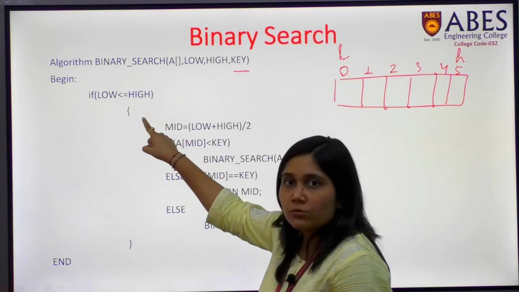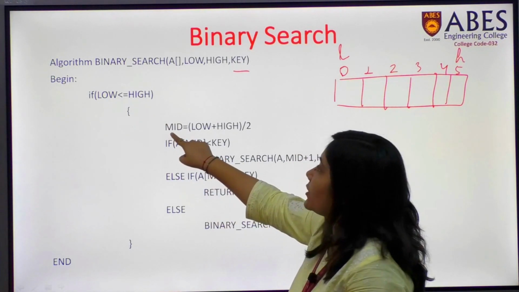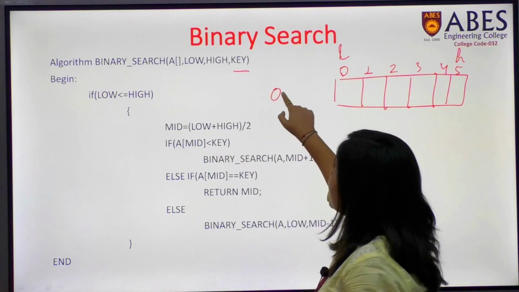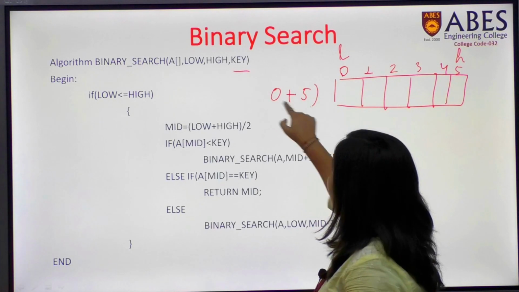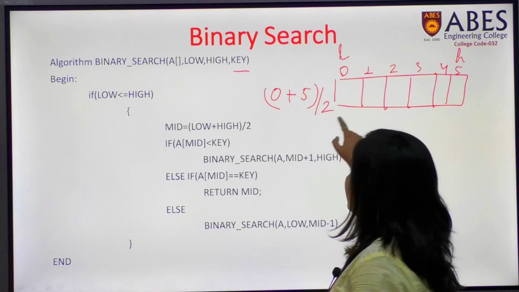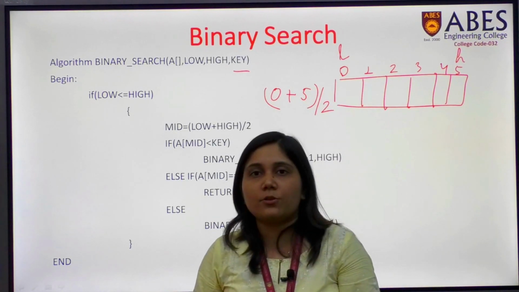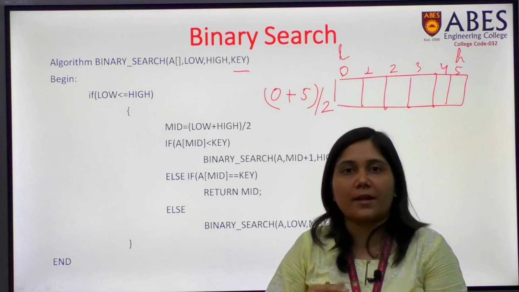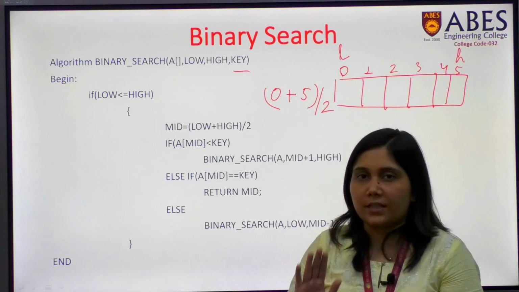If the condition is true, I calculate the middle index value. The middle index is 0 plus 5, divided by 2. Because it is an integer, 5 divided by 2 is equal to 2. We all know that an integer divided by an integer is always an integer.